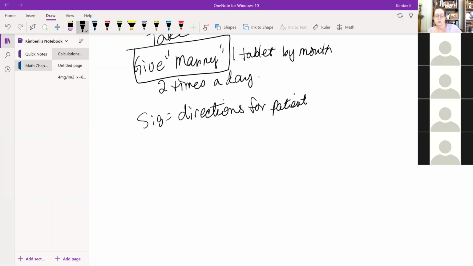So the SIG is always going to be usually abbreviated for us, but then we have to actually spell them out. So AGIT, what do you think that means? It says shake medication. Yeah, but what does AGIT stand for? Agitate. Agitate, good.